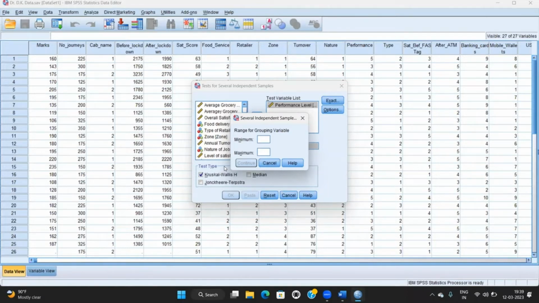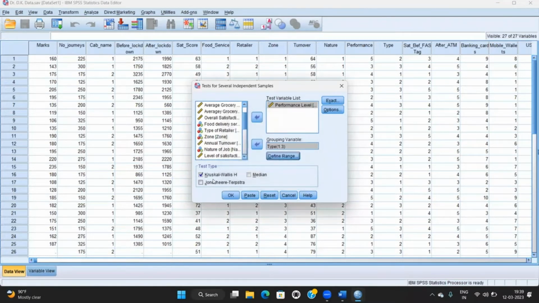So minimum 1, maximum 3. Suppose if we have 4, then we can enter 1 for minimum and 4 for maximum. Then go to continue. Look at this, Kruskal-Wallis test is selected by default. So nothing needs to be done.